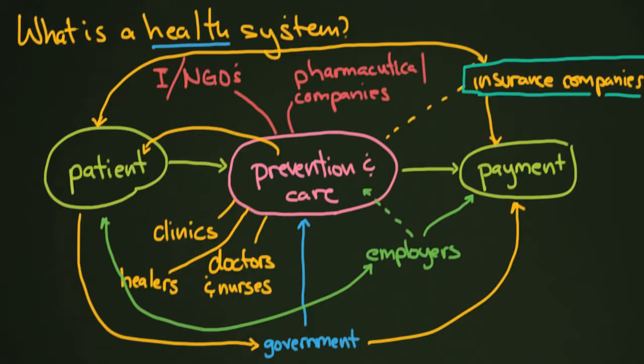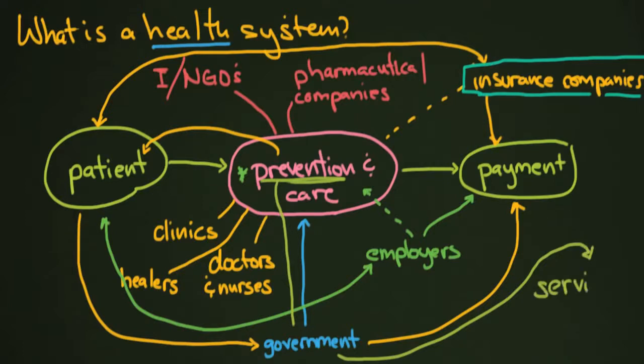So these are all members of a healthcare system. And they're all there basically to try to get this key goal here in the middle accomplished, which is prevention and care. And prevention is really where we come into the public health sector, and where you can take this prevention idea and go out to the government, and explode this government word out into tons and tons of services.